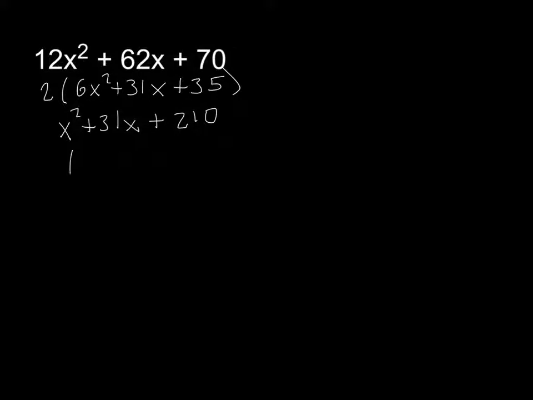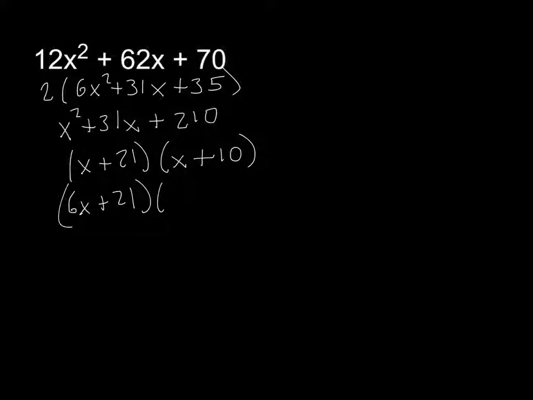So here I can see I'm going to get an x plus 21 and an x plus 10. Now I need to undo the illegal move here by bringing the 6 back in. So it's going to become 6x plus 21 and 6x plus 10.